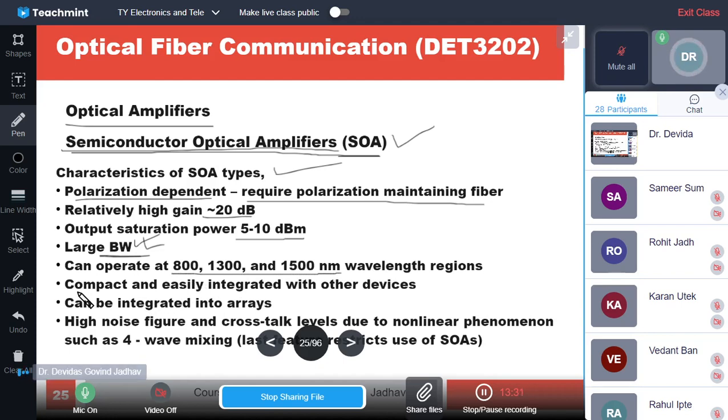It is compact and easily integrated with other devices. In fiber link systems there are many devices, so it can be integrated with the overall system very easily, because it is a semiconductor device with compatibility and compact size.